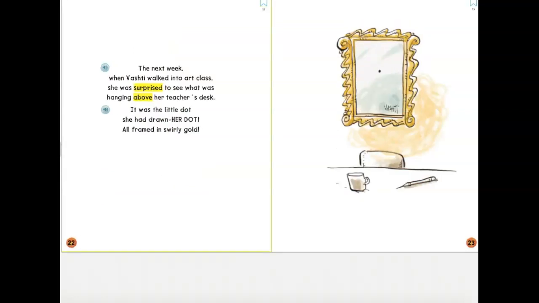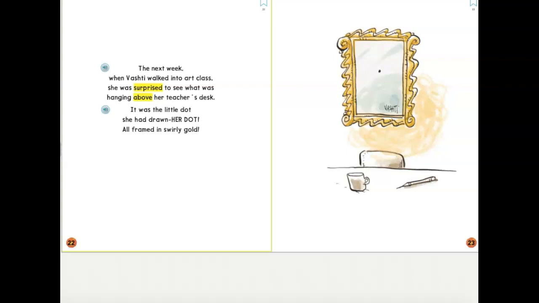The next week, when Vashti walked into art class, she was surprised to see what was hanging above her teacher's desk. It was the little dot she had drawn, her dot, all framed in swirly gold. Before, Vashti was feeling very angry and frustrated.